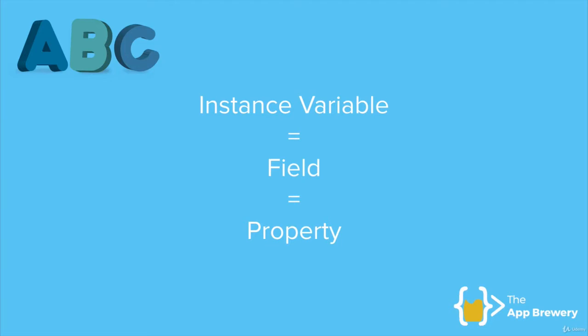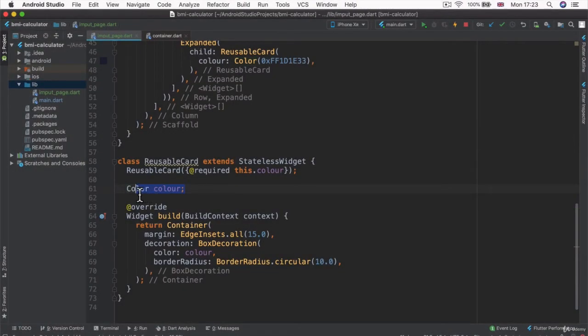And it's important to note that when people talk about instance variables or instance fields or properties, they're actually talking about the same thing. And all it refers to is just the property that we create that we can change inside the class, or when we construct the class, we can set it to have a different value.